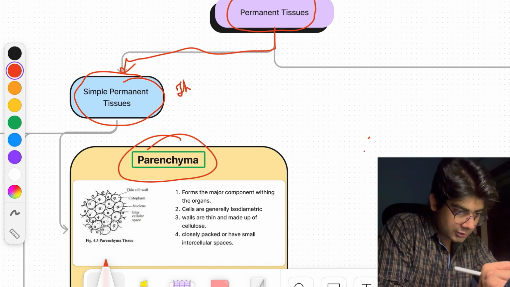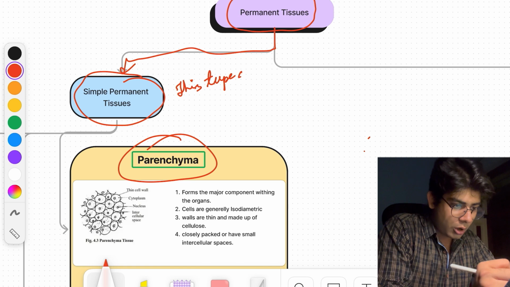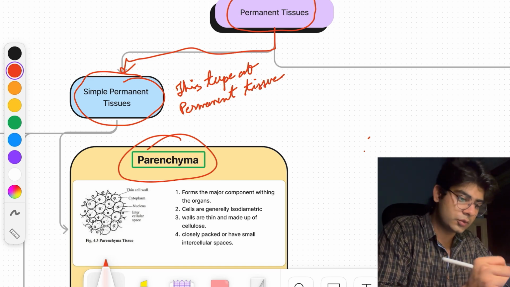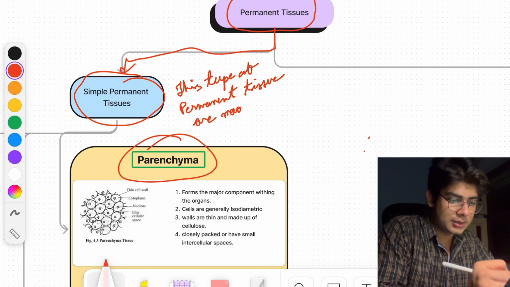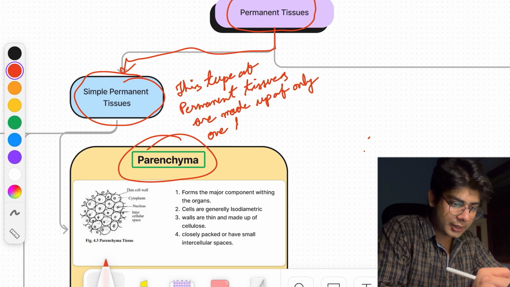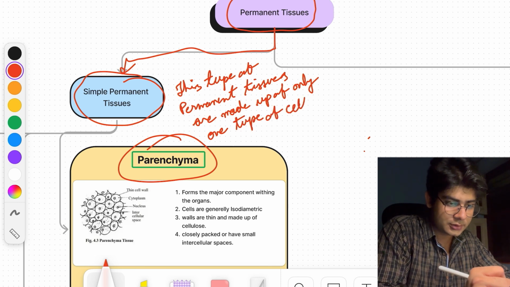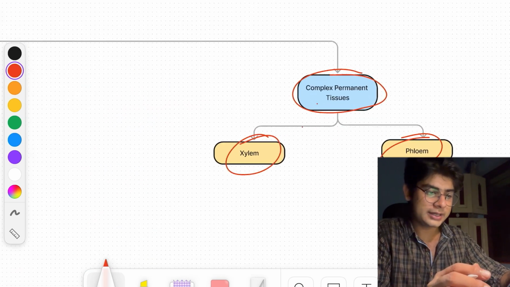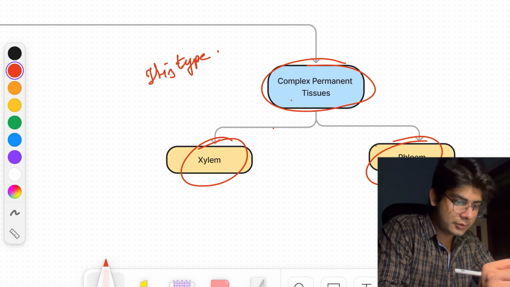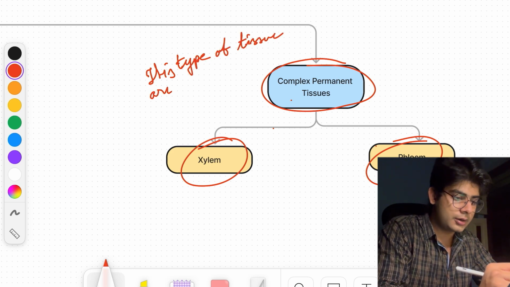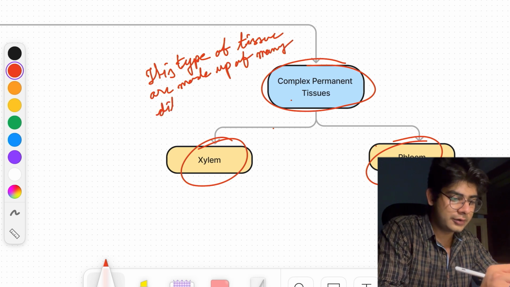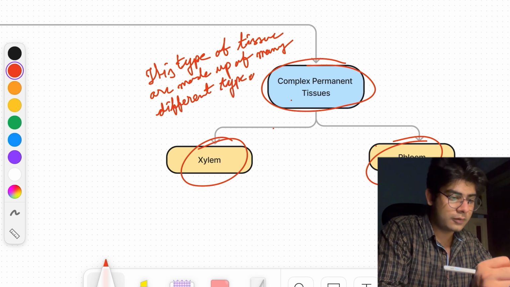Because this type of permanent tissue are made up of only one type of cells, and the complex permanent tissues are called complex because this type of tissues are made up of many different type of cells.